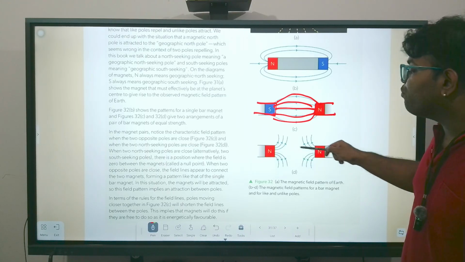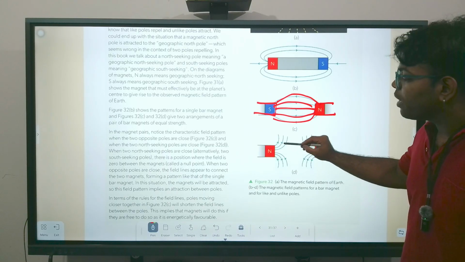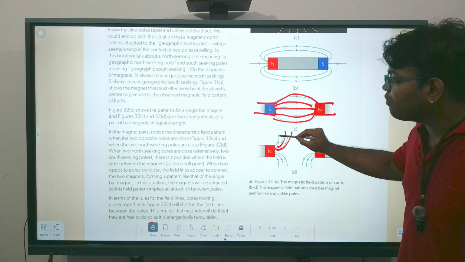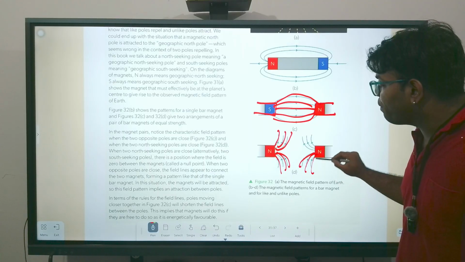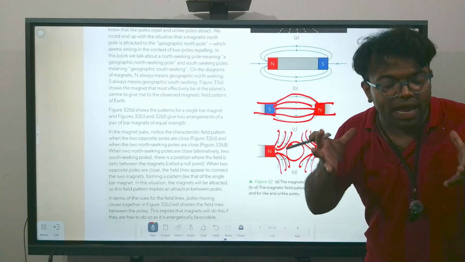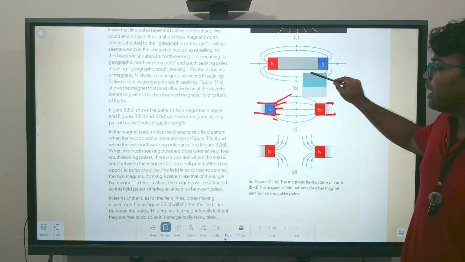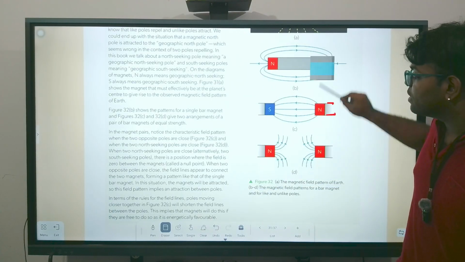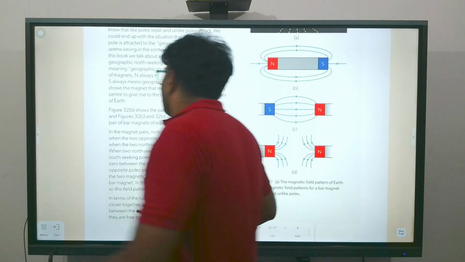Similarly, when the same poles are brought next to each other, what happens? The field lines basically curve away in such a way as to show that they are trying to repel each other. So you are left with no magnetic field at the center. Clear? Understood?